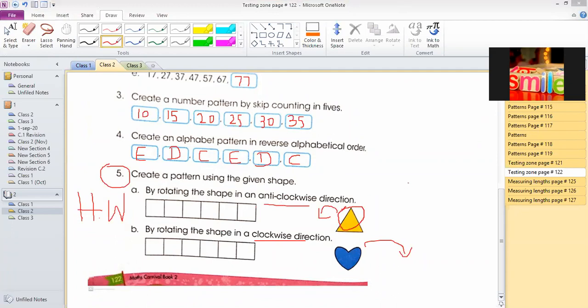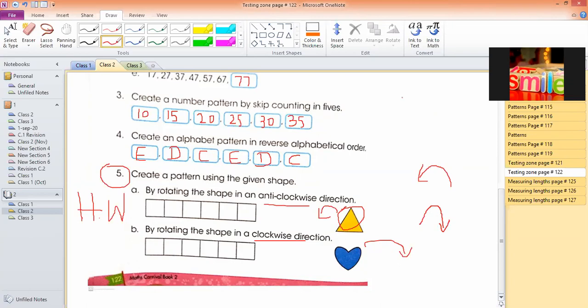Rotation means you have to move this shape anti-clockwise, guys, from right to left like this. From here to there, it should be like this. This is anti-clockwise, and for clockwise you have to move like this, like a clock moves. So this is a triangle.